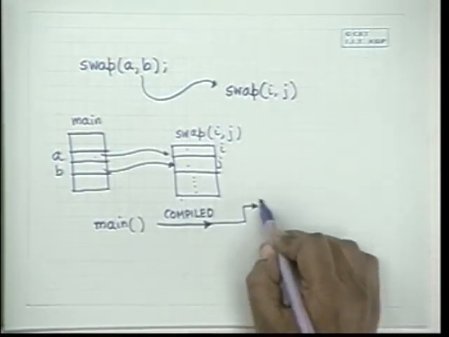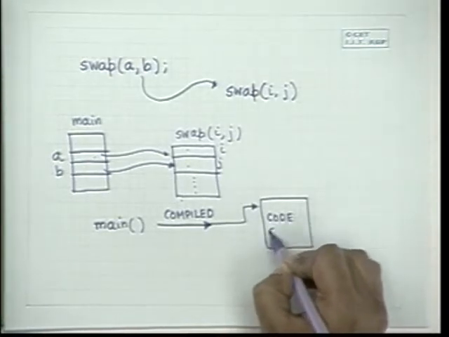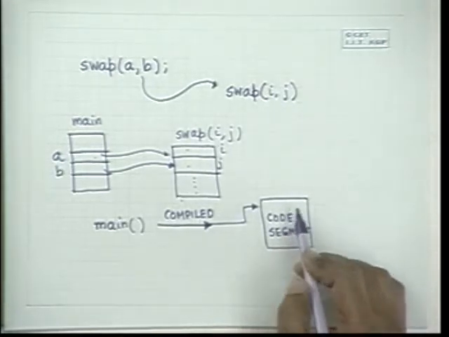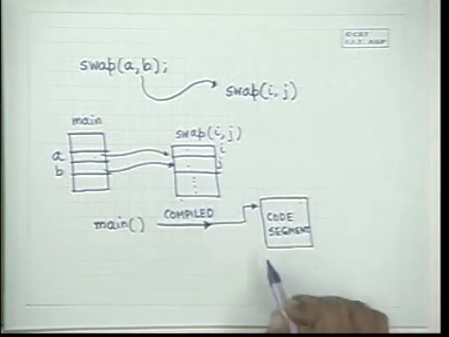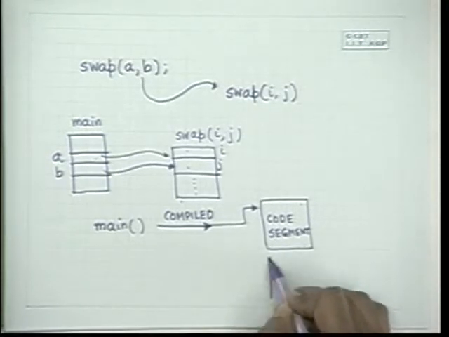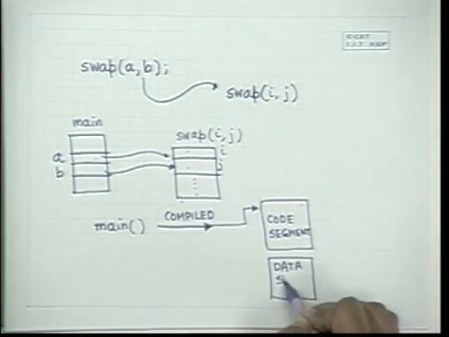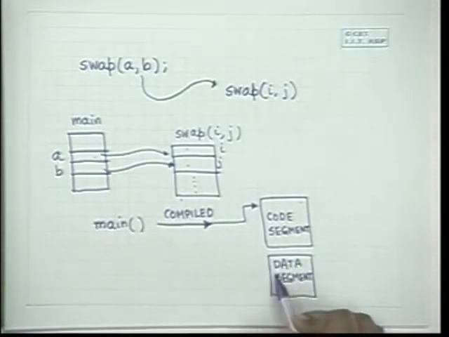One is called the code segment, which contains the machine code for the program and some locations for certain types of data. And the other part is called the data segment, which contains all the local variables of a particular function, whether it is main or something else.